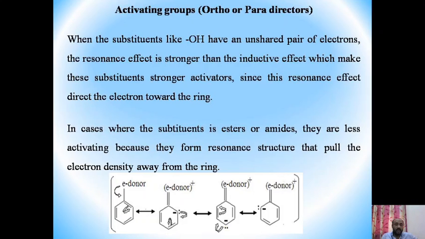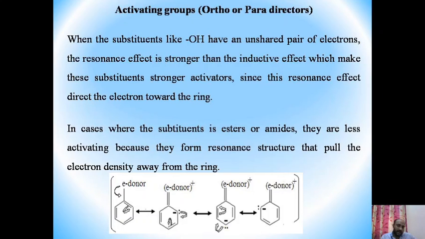Once the electron density is more, one carbon becomes negatively charged and the donor group becomes positively charged. Once it is negatively charged, it can easily accept the proton or electrophiles. That means when it gives a carbocation and carbanion, the benzene ring becomes the carbanion and will be more reactive towards the electrophile.